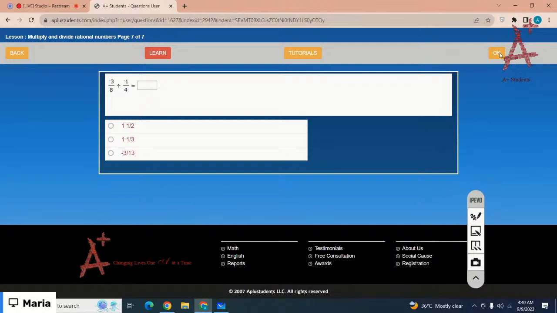The correct option is option number 1, right? That is 1 whole 1 over 2.